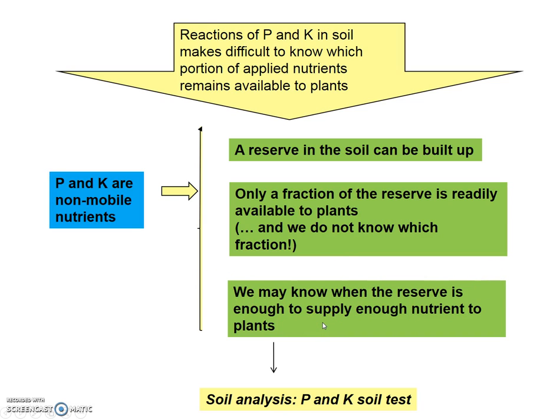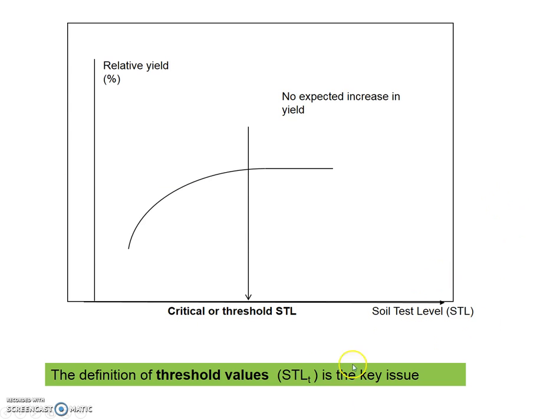The idea is that we can deduce when the reserve of phosphorus or potassium in the soil is enough to supply the crops. That is based on the soil analysis of phosphorus and potassium. If we plot the yield of the crop as a function of the soil test level, which means the amount of phosphorus or potassium in the soil, we should have a curve like that.